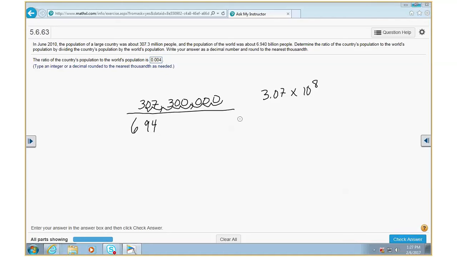Oh. 1, 2, 3, 4, 5, 6, 7, 8, 9. Check that for me. That's supposed to be 6.9 billion. So 6.94. Ten to the what? 9.